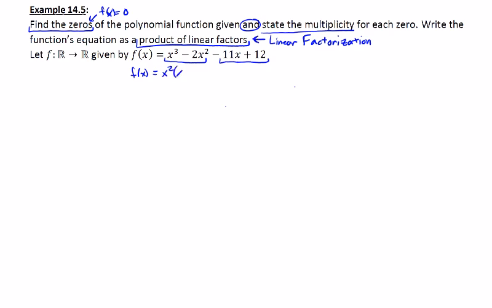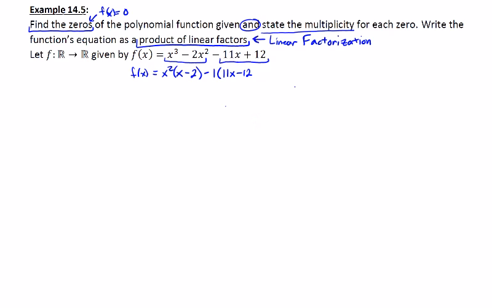If I was to try factoring by grouping, from the first group I could factor out an x squared, so I'd have x squared times x minus 2. And from the second group, there's not really a whole lot to take out, so I'm going to force a -1 to be taken out. Then I would have -1 times 11x minus 12.